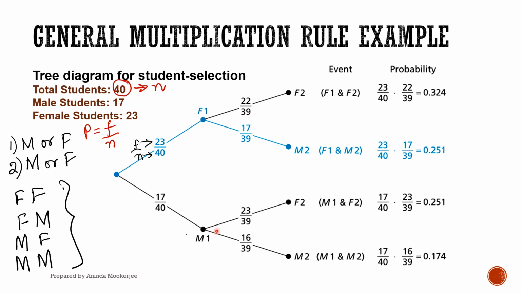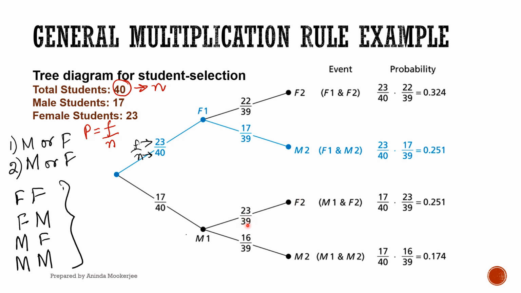Now let's look at the bottom part here. If I picked a male student in the first draw, then it was 17 over 40. We discussed this already. What happens if we picked a female student following a male student? Given that a male student was picked in the first draw, what is my probability of picking a female student in the second draw?